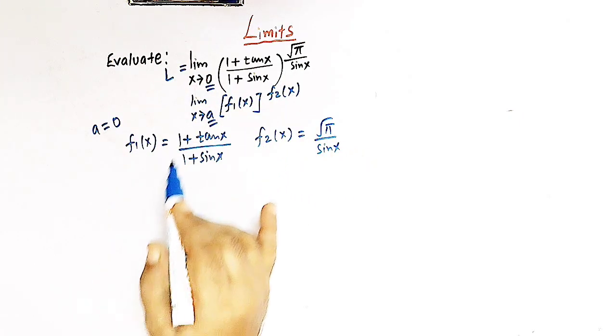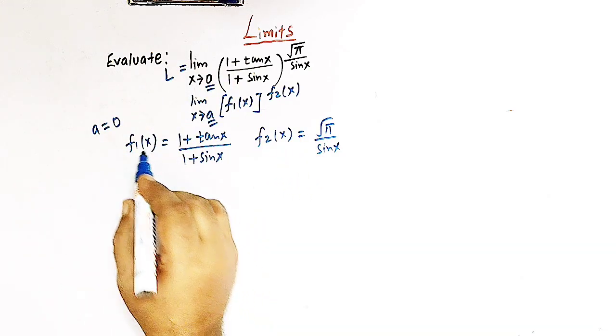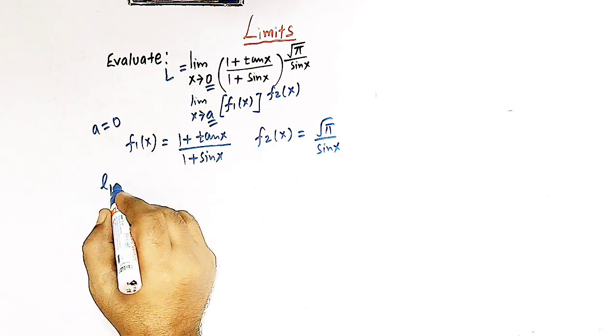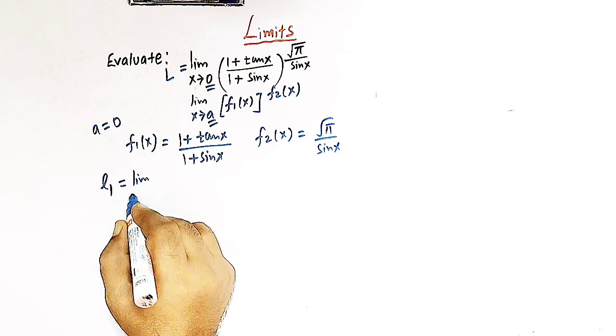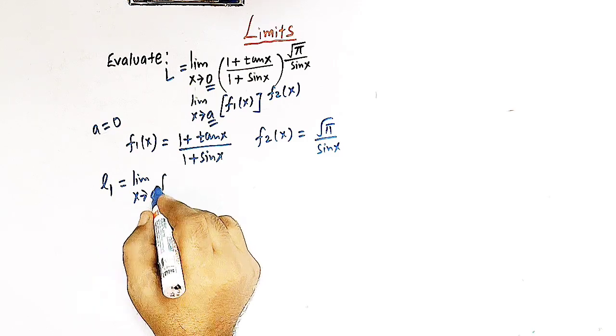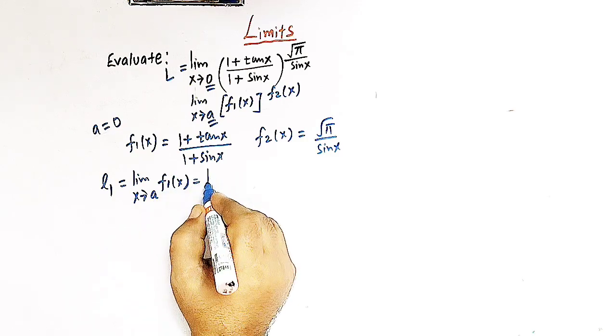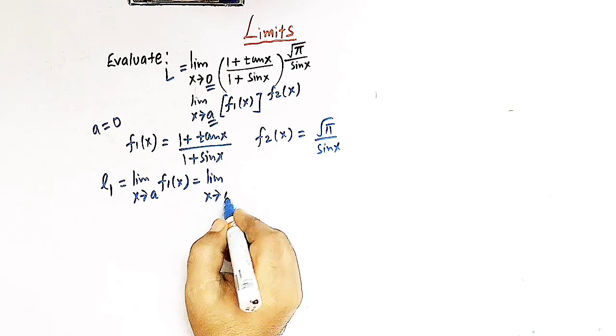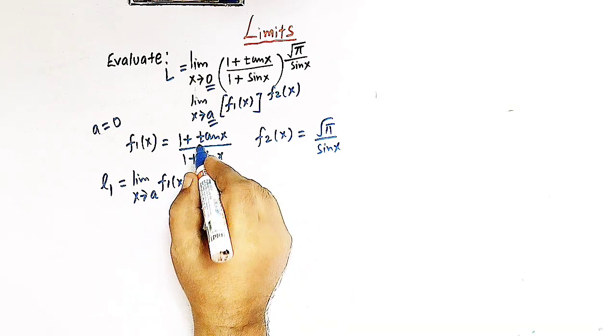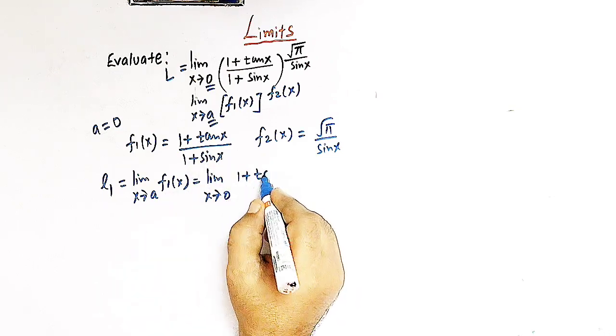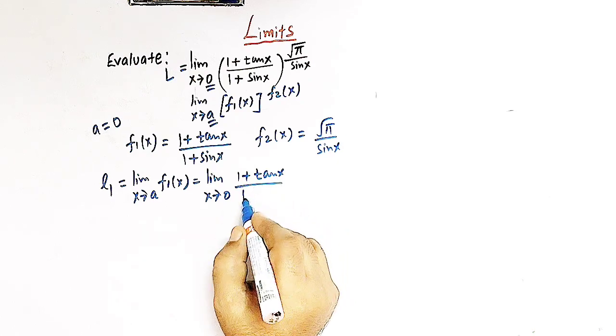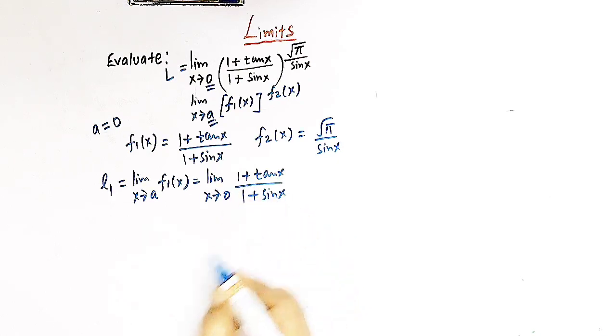So we have to find out the value of this limit. Let us call this limit L, and let us first find L1, that is limit x tends to a f1(x). So we have limit x tends to 0, and for f1(x) we have 1 plus tan x divided by 1 plus sin x.